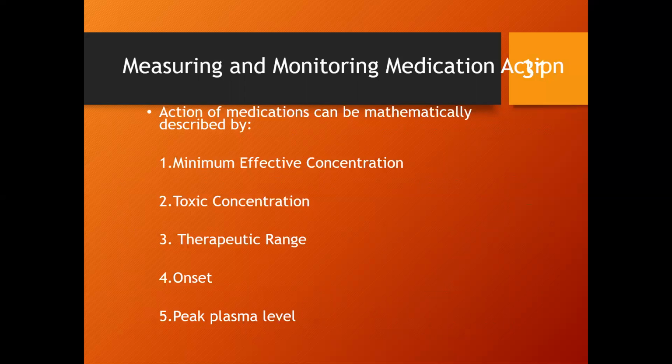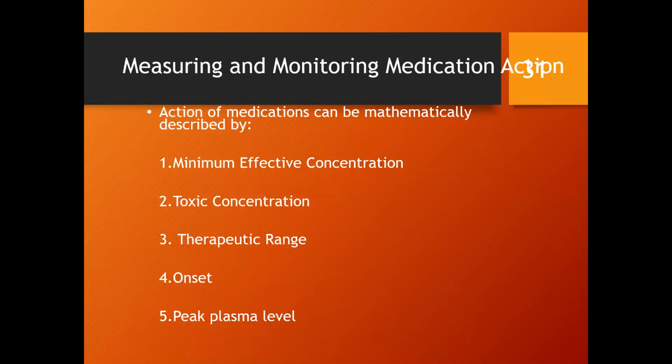That's basically what that's looking at. Therapeutic range, or window, as you'll often hear it called. This is the level between the minimum and the toxic level. Think of it as a window. That's the perfect range between the minimum and toxic. That's where it's safe, the safe zone.